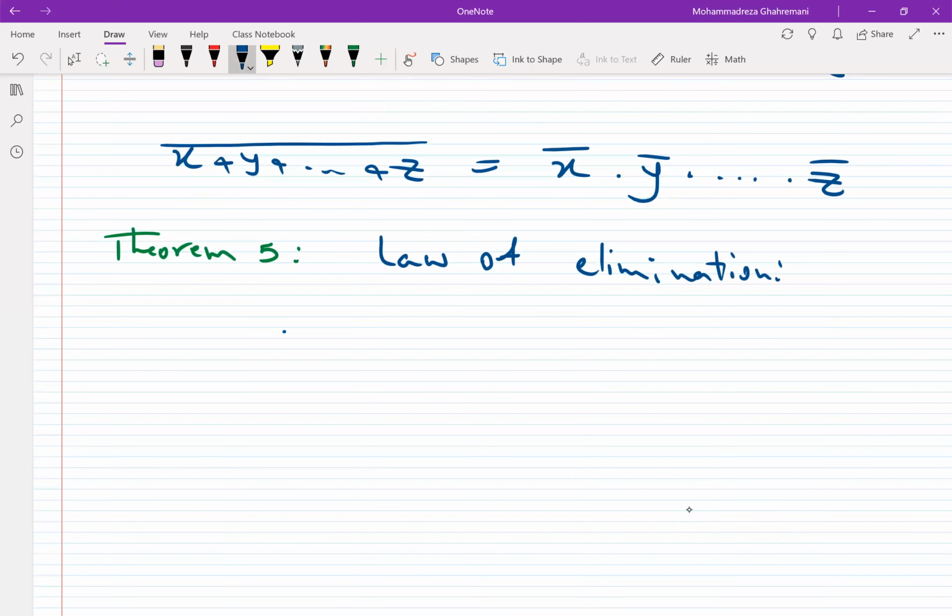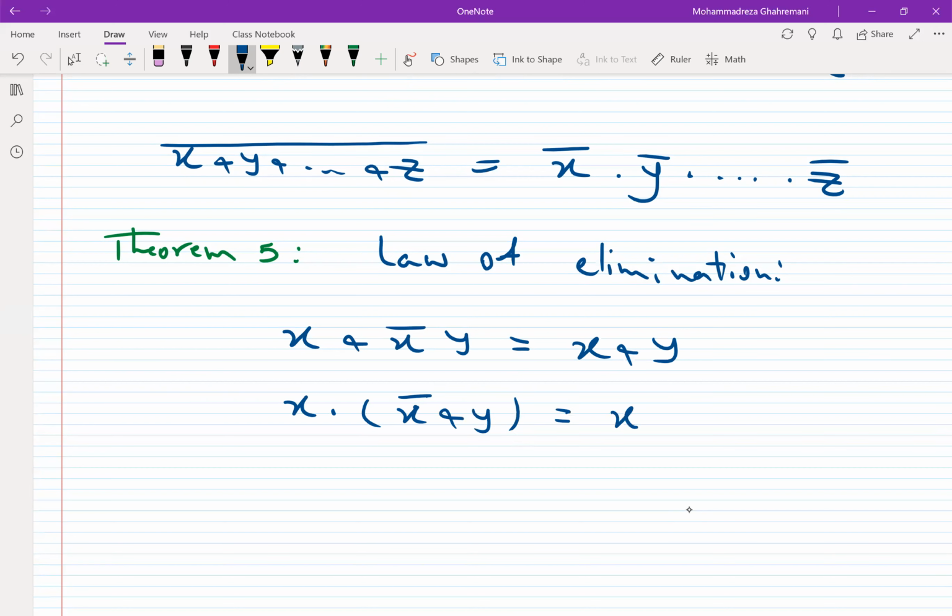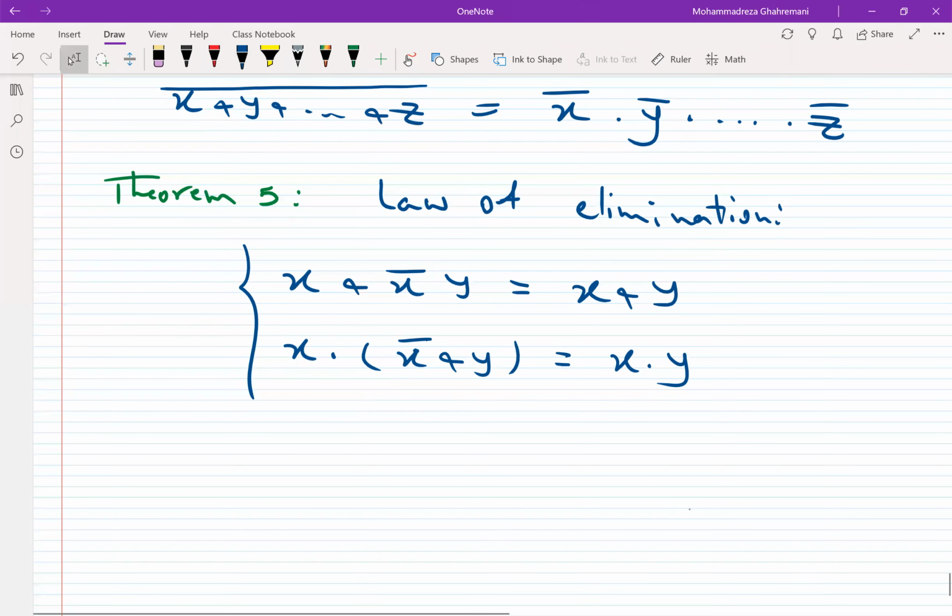Okay, and it says that x plus x bar y is equal to x plus y, and x dot (x bar plus y) is equal to x y. So these are laws of elimination. So we're done with postulates and theorems.